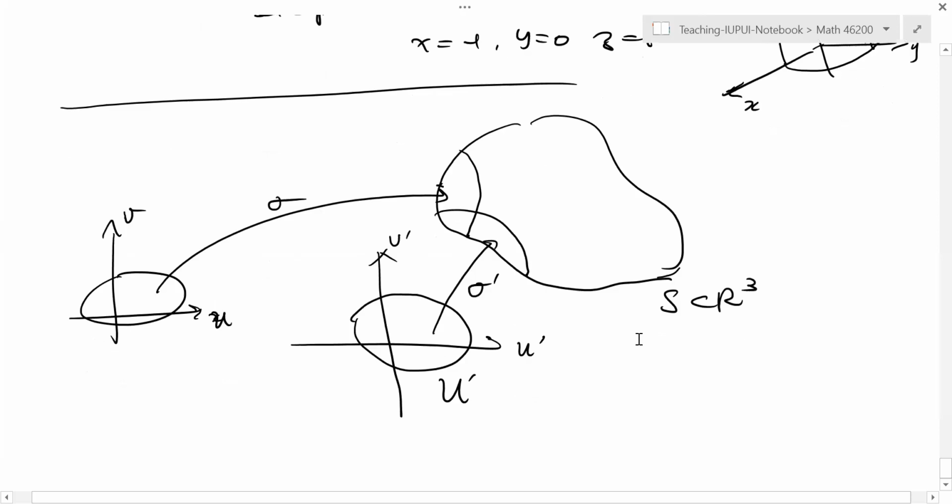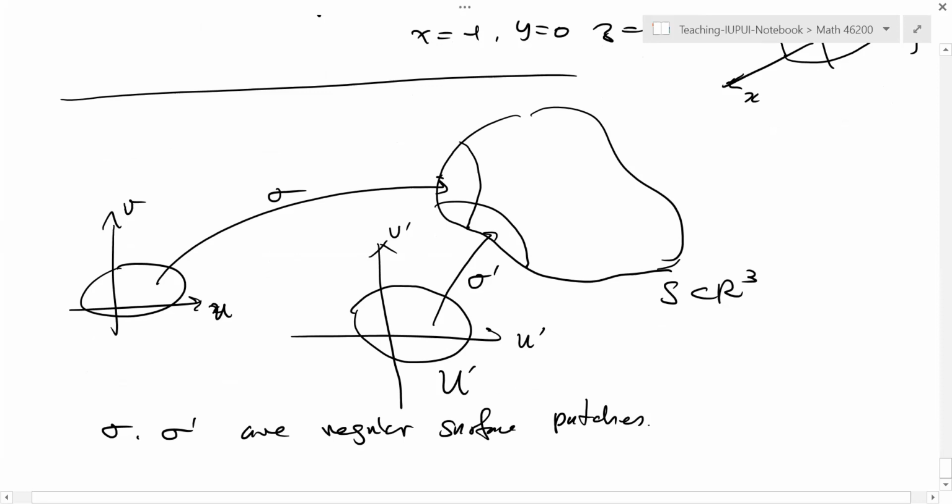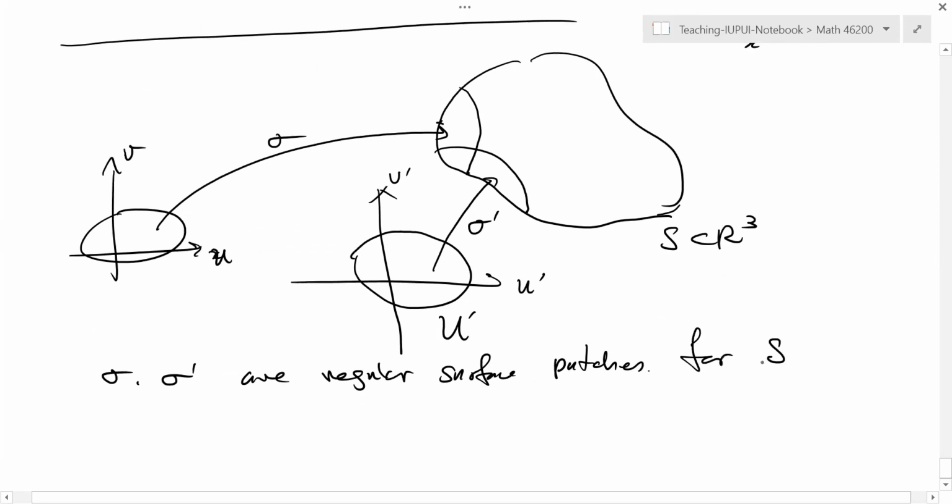So what happens in the intersection area? Because this is one-to-one, both sigma and sigma prime are regular surface patches for S. We can show that at least, this is a common area.